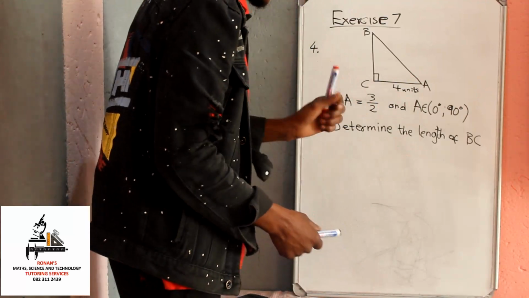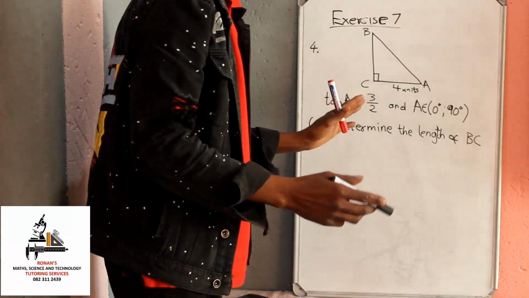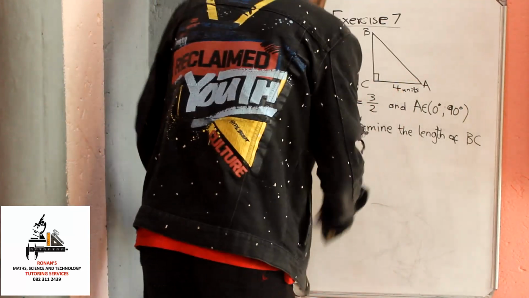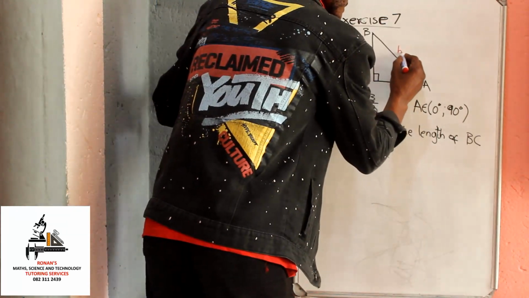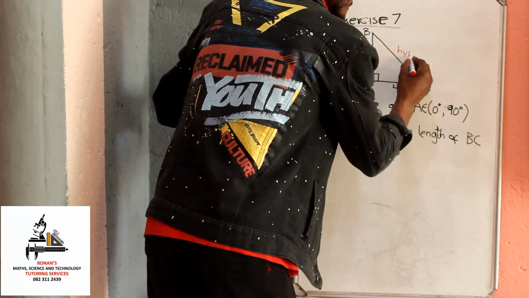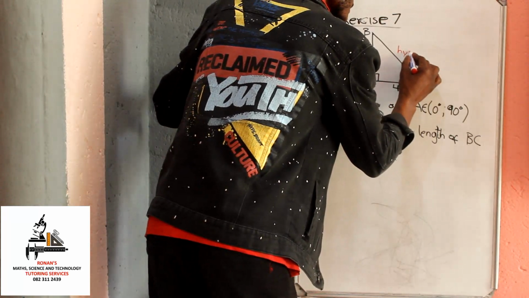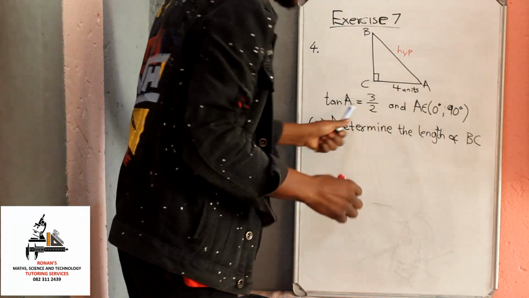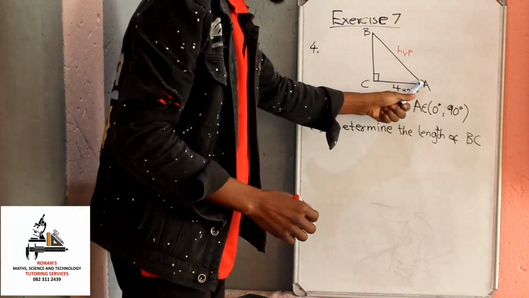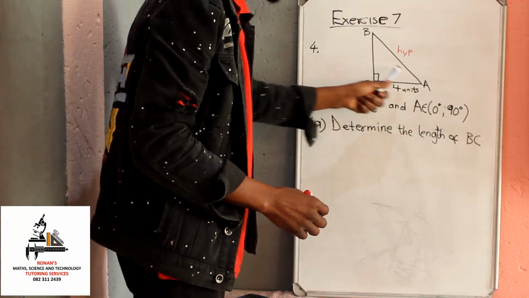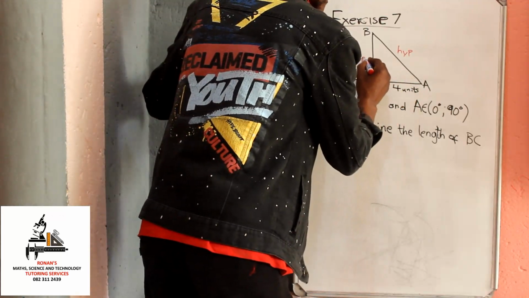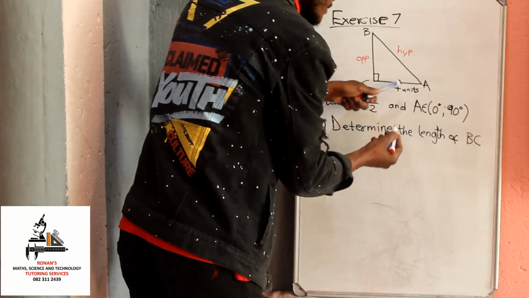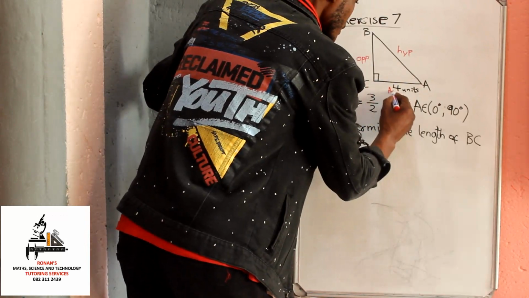Now, before we proceed, let's assign our sides. This is going to be my hypotenuse. Now, because we're talking about angle A, this side is going to be opposite angle A, so that's going to be my opposite side, and this side is the adjacent side.